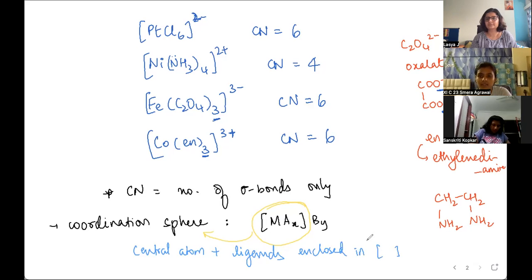Same as the entity, right? Yes. So if statements refer to the coordination sphere, you just need to take this into consideration. It may or may not have other external items, but we are not talking about that.